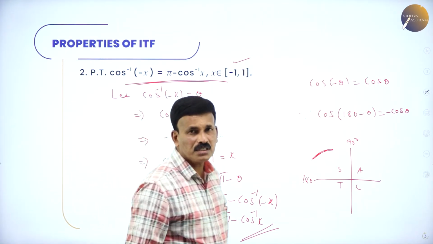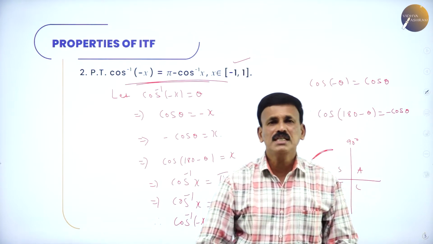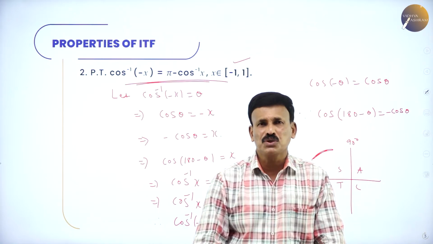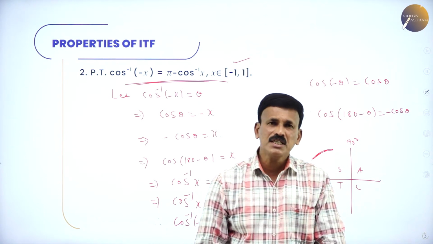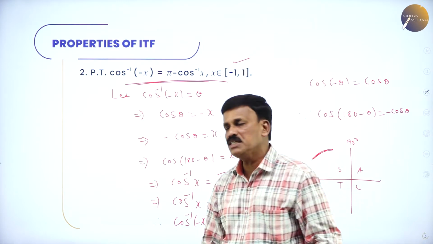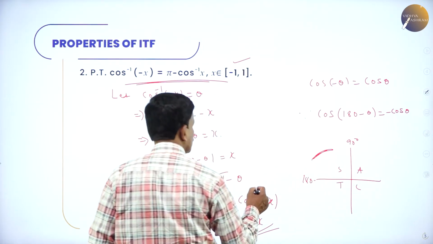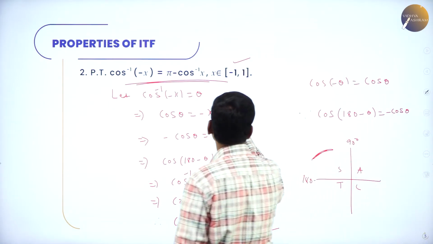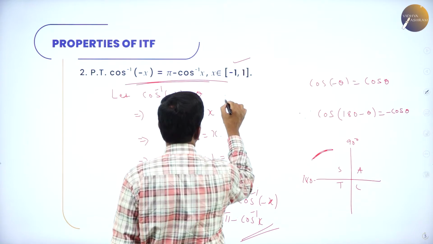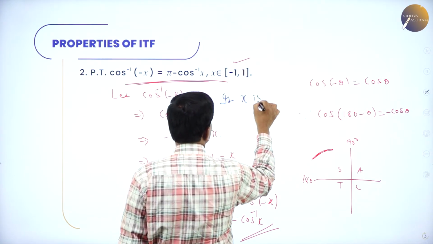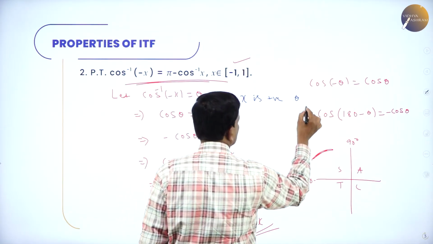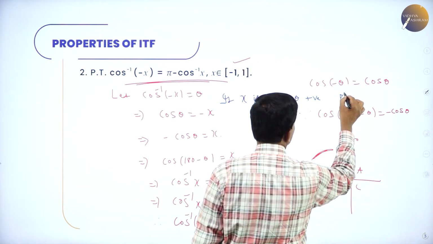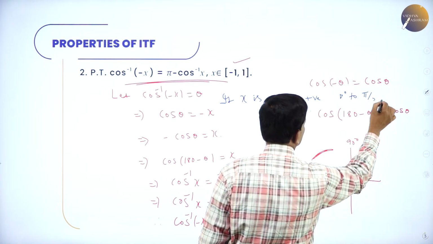Now the very important point to be noted is, if x is positive, theta is positive and lies from 0 to 90 degrees. If x is negative, theta is positive and lies from 90 to 180 degrees. This is a very important concept. In cos inverse of x, if x is positive, theta lies between 0 to pi by 2.